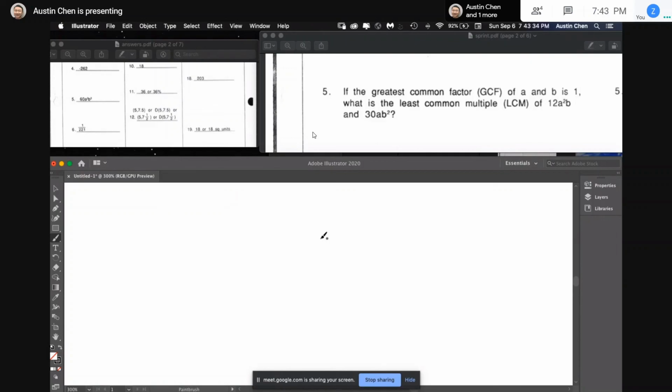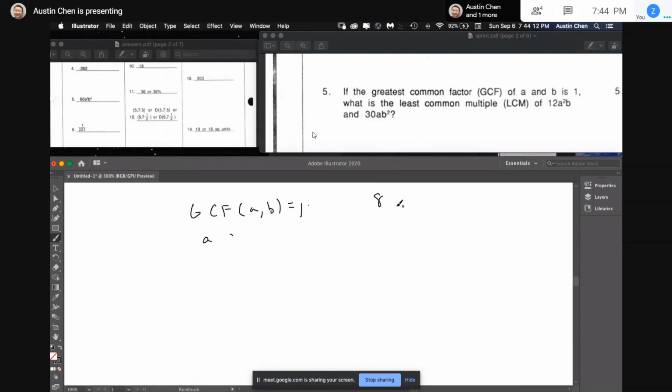Yeah, so what Bill is saying is that the LCM is going to change as you change A and B, so you can't have just one value for it. We're going to have to work it out with the letters. If the GCF of two numbers is 1, they're relatively prime, meaning they don't share any common factor.